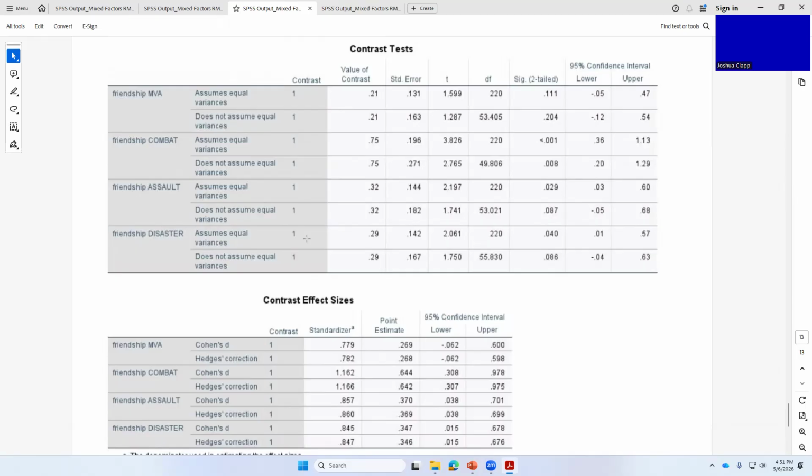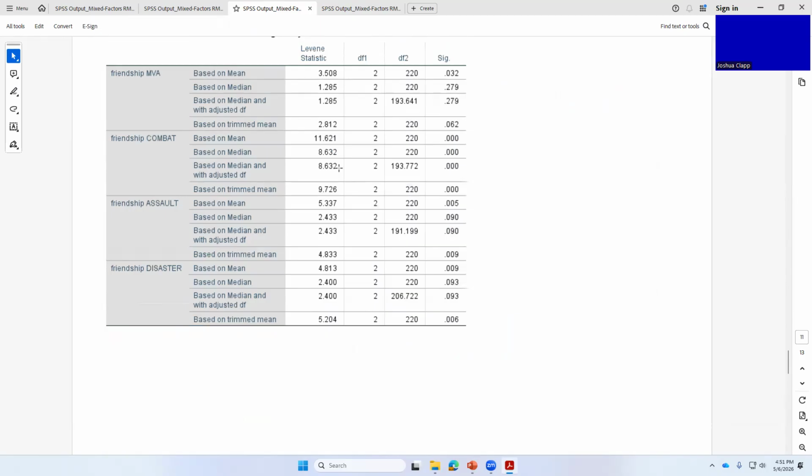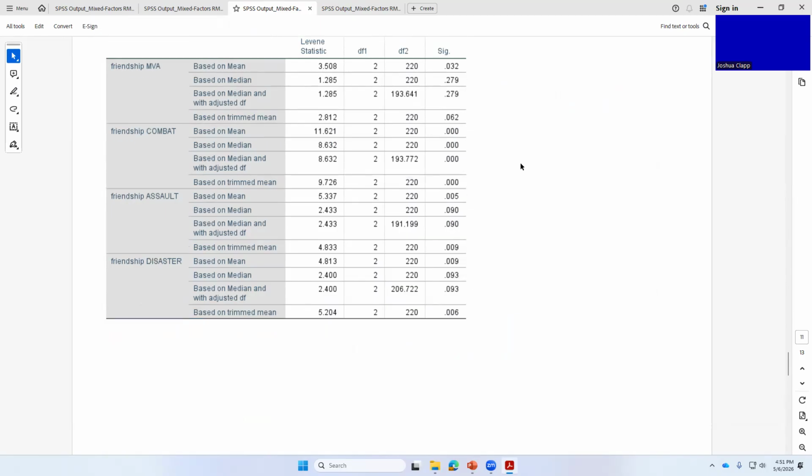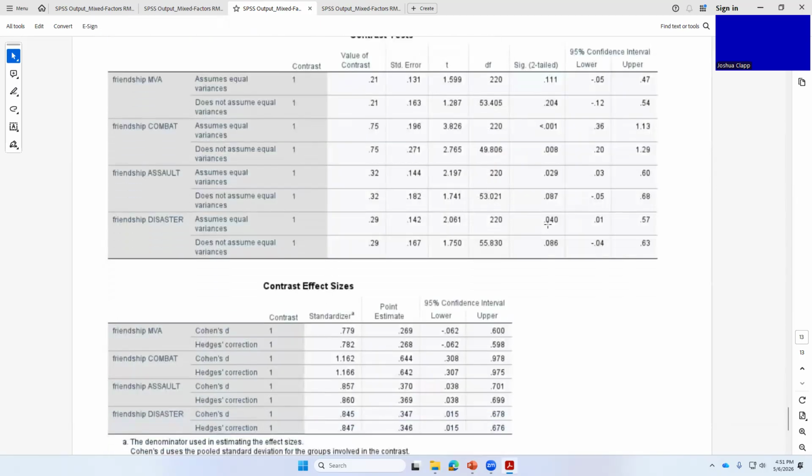So again, what I would need to do is go back up and look at my Levene's test for combat exposure. Do I see evidence of a violation of homogeneity of variance? Yeah, I do, right? So here I'm going to be looking at equal variance is not assumed. So if I go to equal variance not assumed, my value of my contrast is 0.75. My t-test is 2.77.